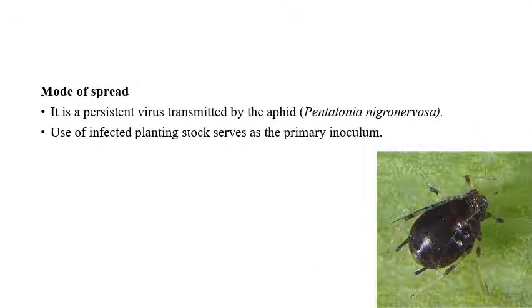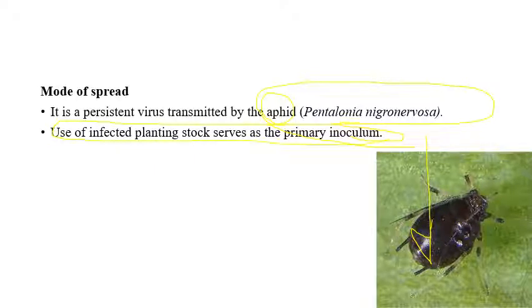Coming to the mode of spread, this cardamom mosaic virus is transmitted by an aphid, Pentalonia nigronervosa, which is actually a black aphid. Infected plant stock serves as the primary inoculum. If you want to manage it properly, we have to eliminate this aphid as well as the primary inoculum.